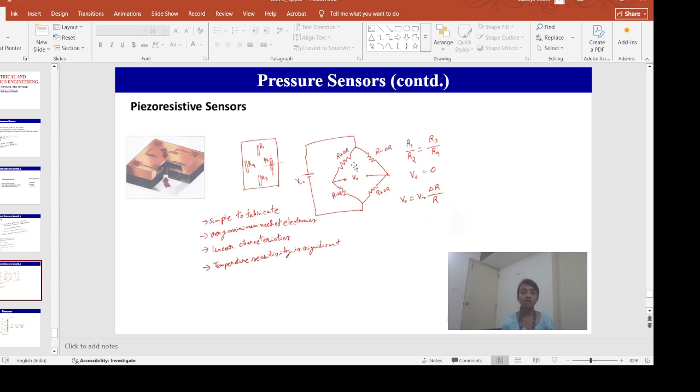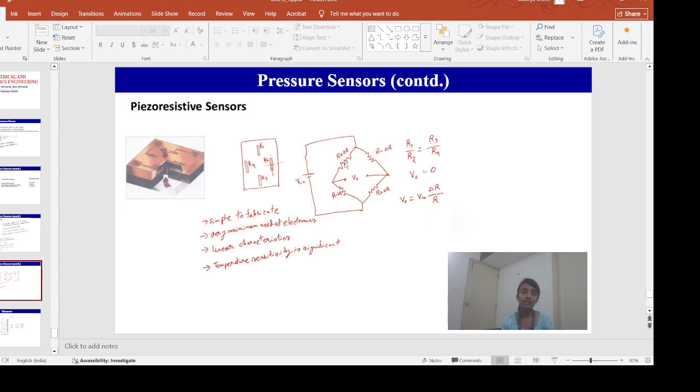Whenever it is under some stress or pressure, what happens? It will undergo some deformation. That deformation means there is a change in length per unit area.